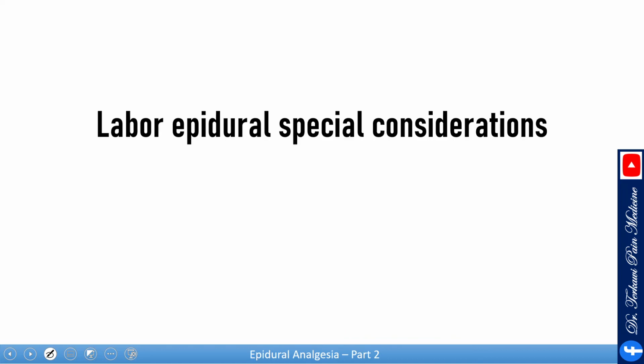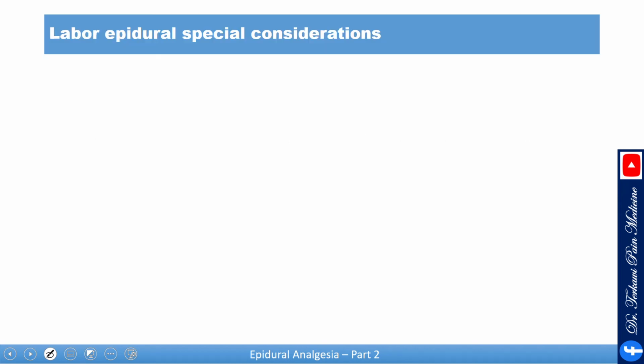Now let's talk about special considerations in labor epidural. When we spoke about anatomy and physiological changes, we covered that you have more engorged epidural veins and more edematous ligamentum flavum, up to 10 millimeters, and that can affect your sensation of loss of resistance.